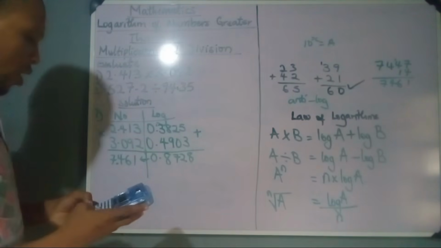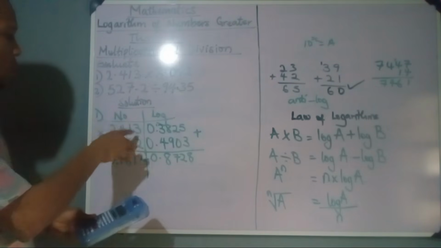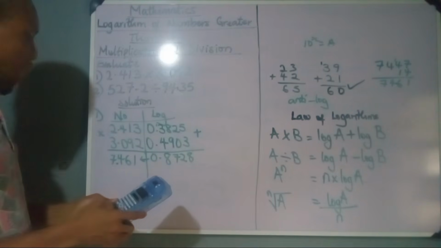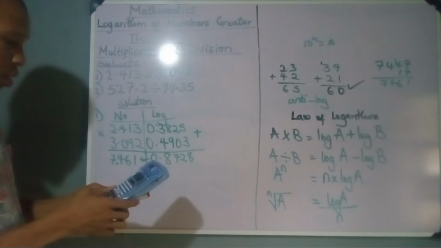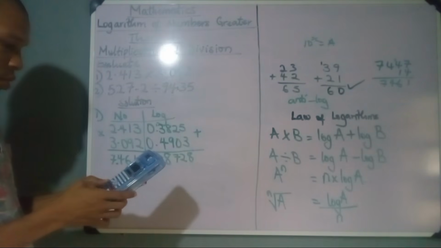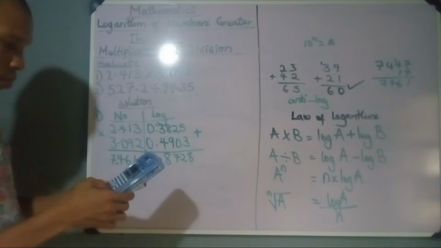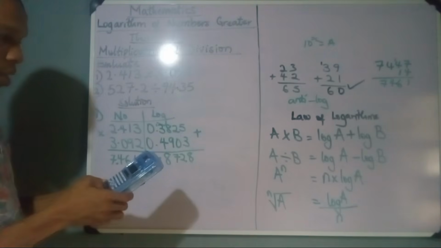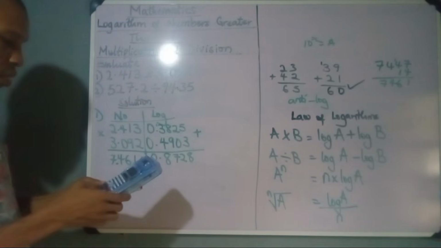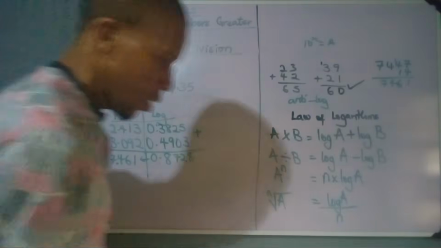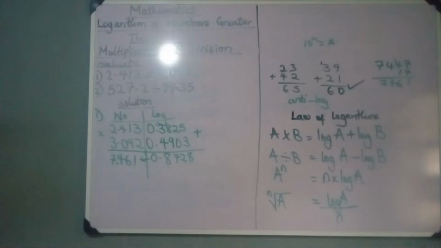Using our calculator here, we'll have 2.413 times 3.092. Looks like this calculator is a bit old.